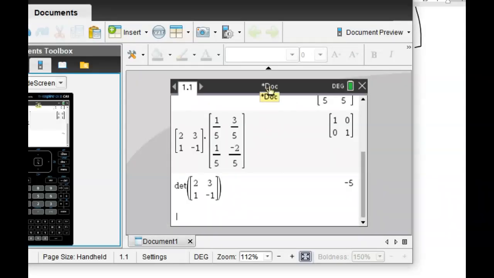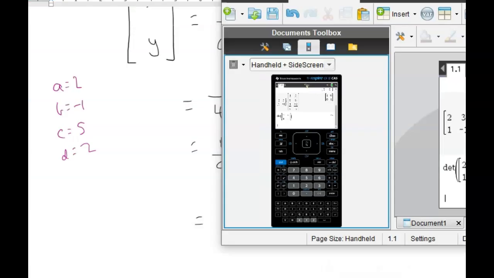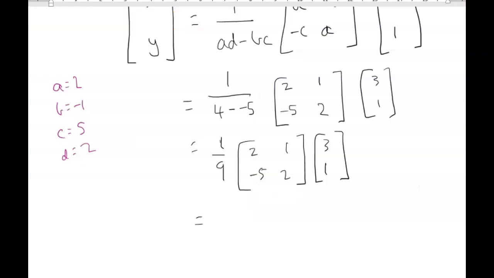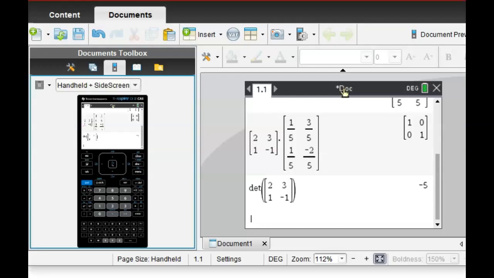Okay, so I'm going to, can never see my matrix. Let me just write it down and then I'll remember a bit better. So we've got 1, 9, 2, 1, negative 5, 2, 3, 1. All right. Just bear with me.